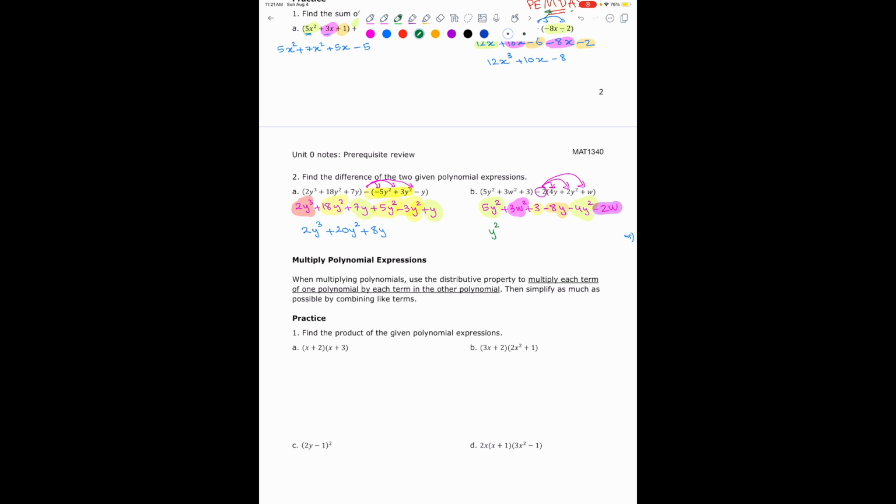And then the rest of the variables cannot combine with one another, so we're going to keep them as they are. I just want to rearrange the terms. Let me bring the y next to the y. So minus 8y, and then plus 3w squared minus 2w plus 3. All I'm doing is just rearranging, so the w's are next to each other, the y's are next to each other, and the constant is at the very last. So that is how you're going to simplify that expression.